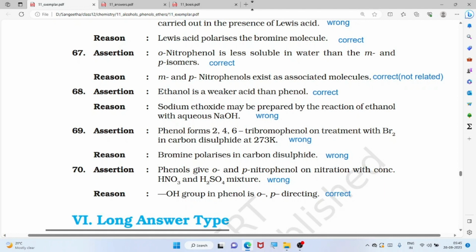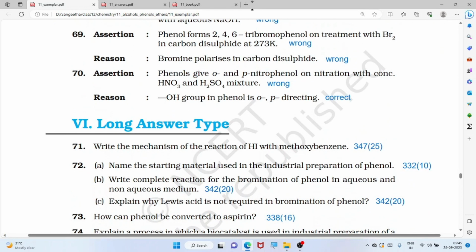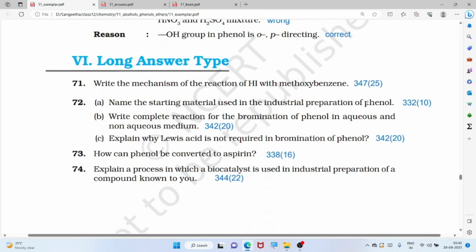This is nothing to do with this session. Ethanol is a weaker acid than phenol. That is correct. Sodium ethoxide can be prepared by the reaction of ethanol. Wrong. The OH group in phenol is ortho, para directing. That is correct.